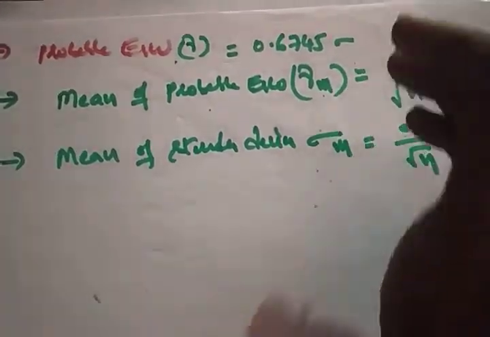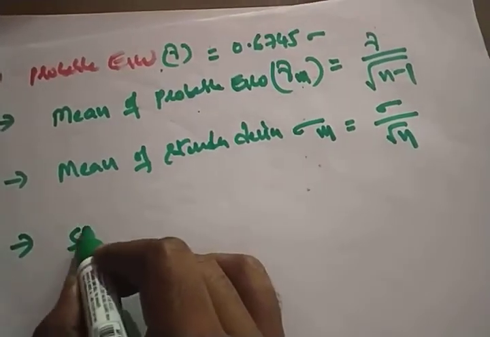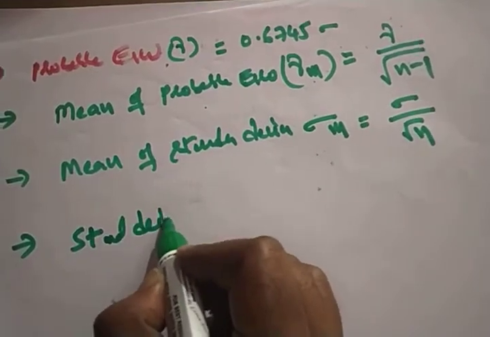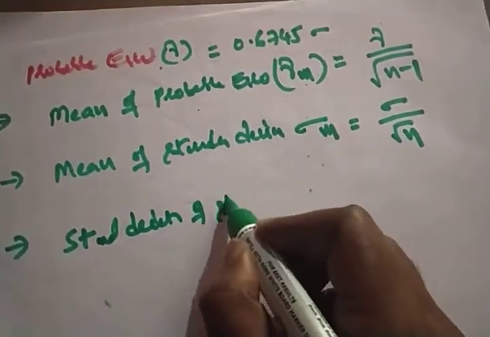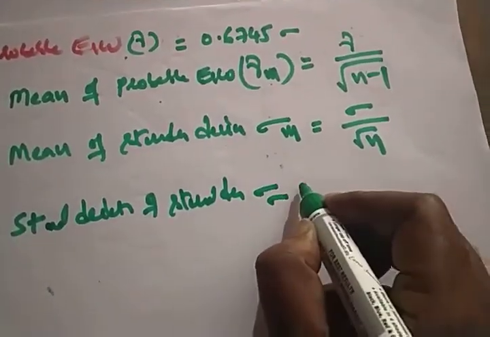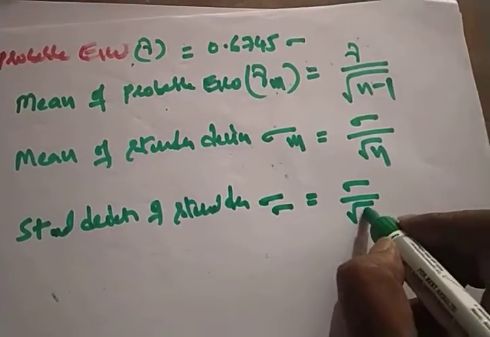Now we'll derive what is the relationship with the standard deviation of standard deviation. So this is the last formula you have to learn by heart. Sigma sigma, that is equal to sigma by root 2n.